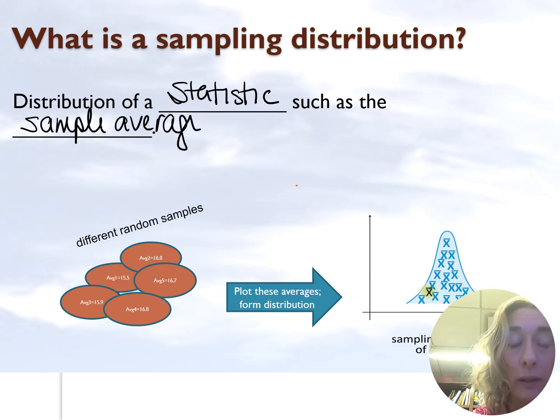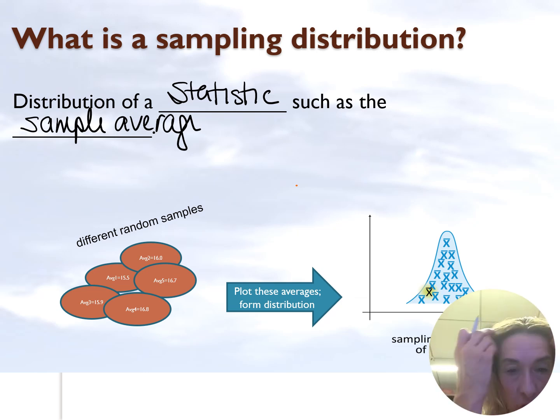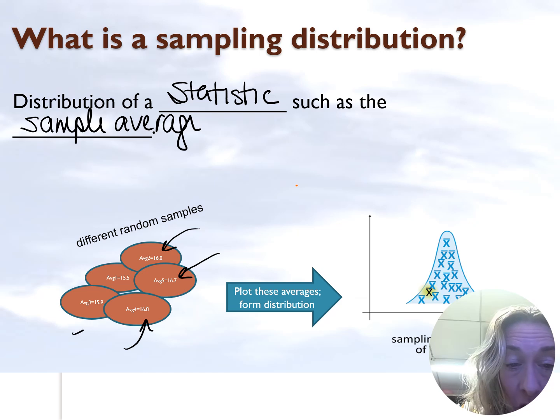Pictorially, if you were to take different random samples out of a population and calculate a statistic such as the average for each sample, those averages would likely differ: 16.0, 16.7, 16.8, etc. Because those averages are based on completely different random samples, and the items in each sample are very likely to differ.